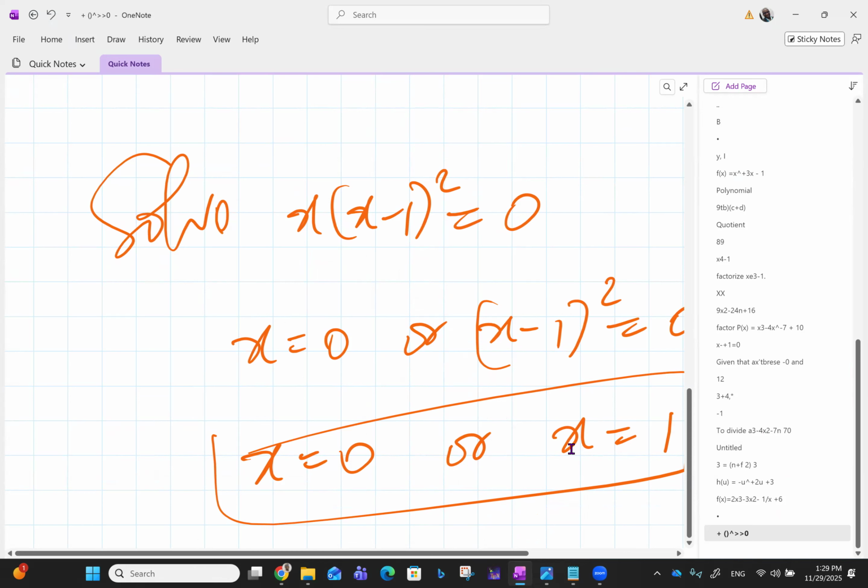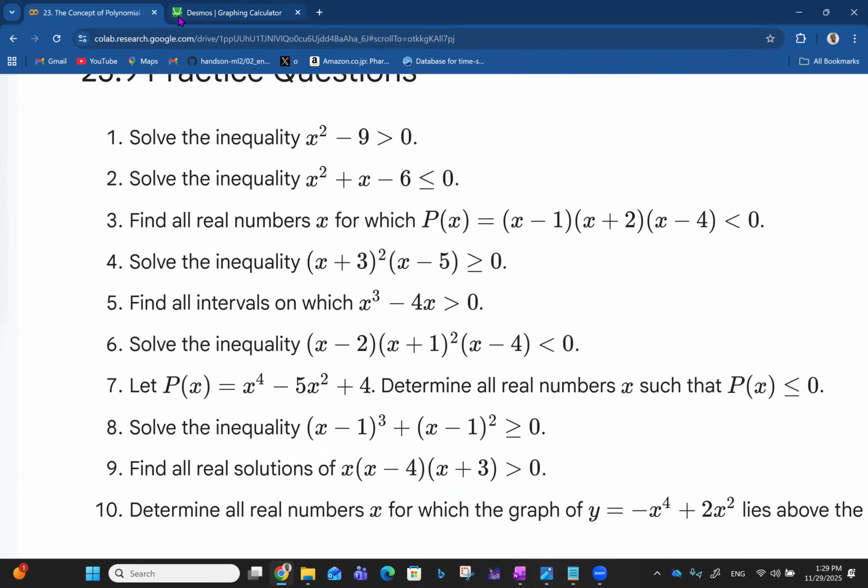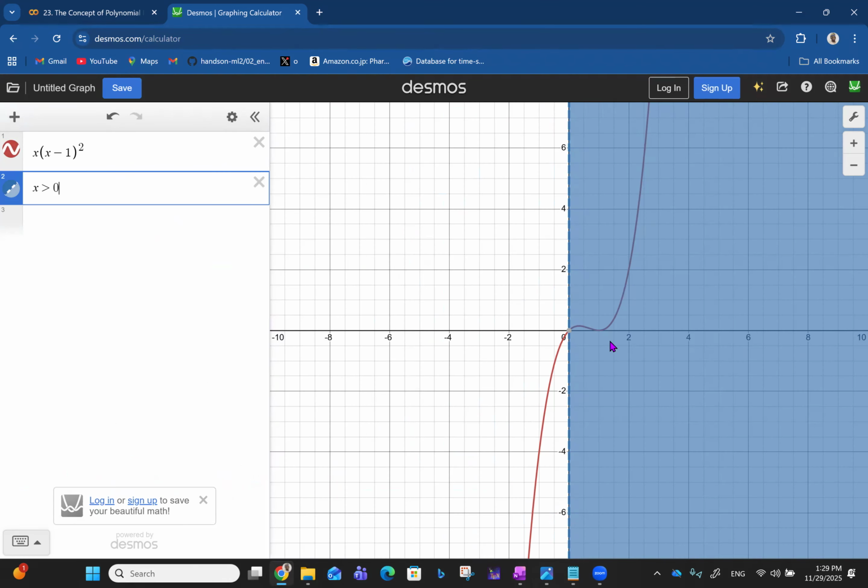The other part, x minus 1 squared, is greater than or equal to 0. So their product is greater than 0. So x is greater than 0 simply. It is guaranteed here for x greater than 0, this expression is always like this.